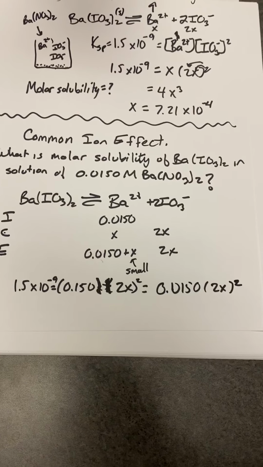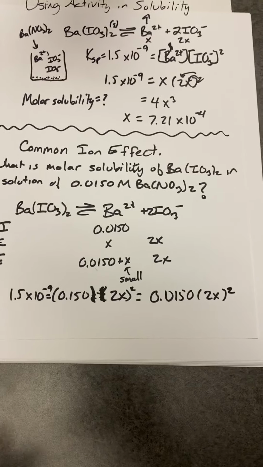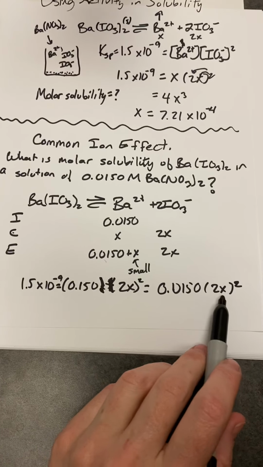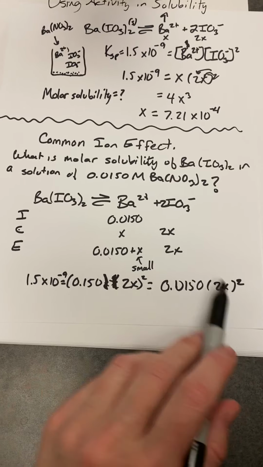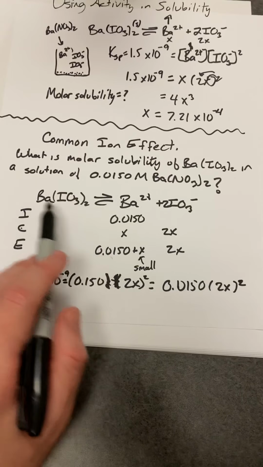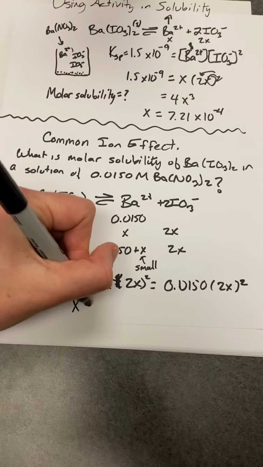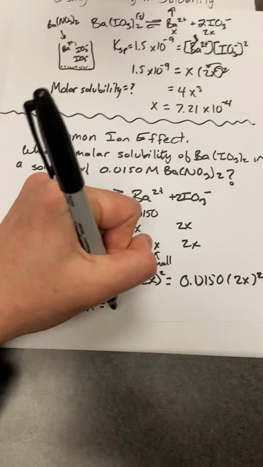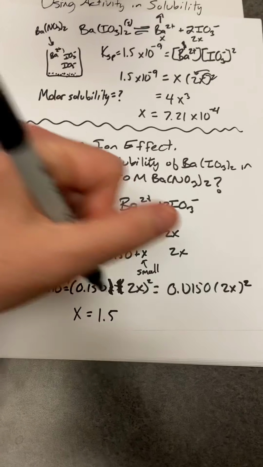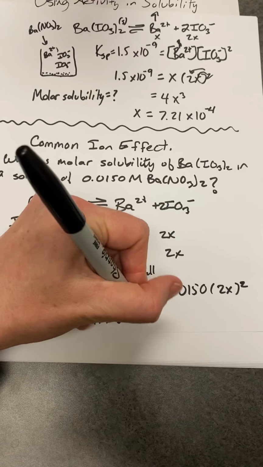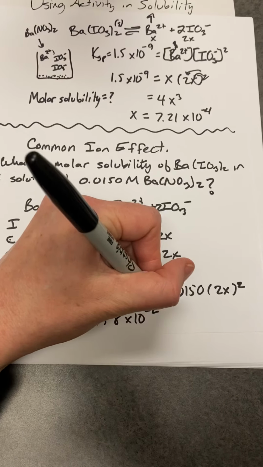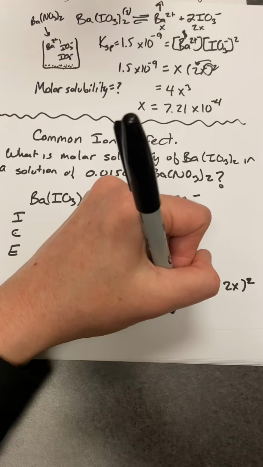And now we're going to go ahead and solve for x. Our x in this situation will end up equal to the barium iodate concentration. When we solve for x, we get an answer of 1.58 times 10 to the negative 4.